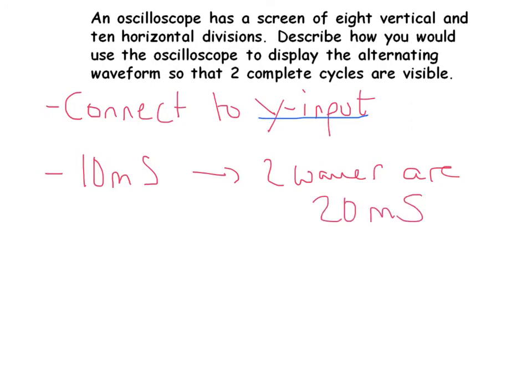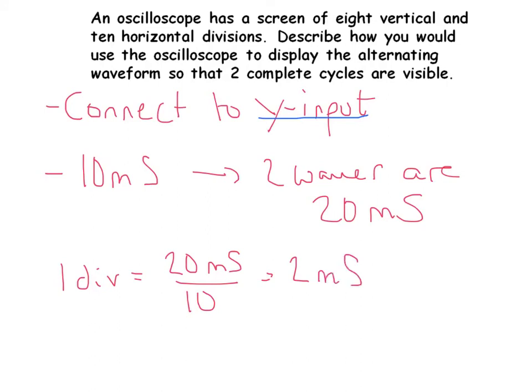Now it tells you you've got 10 horizontal divisions to display that over. So one division would have to be 20 milliseconds divided by 10 equals 2 milliseconds.